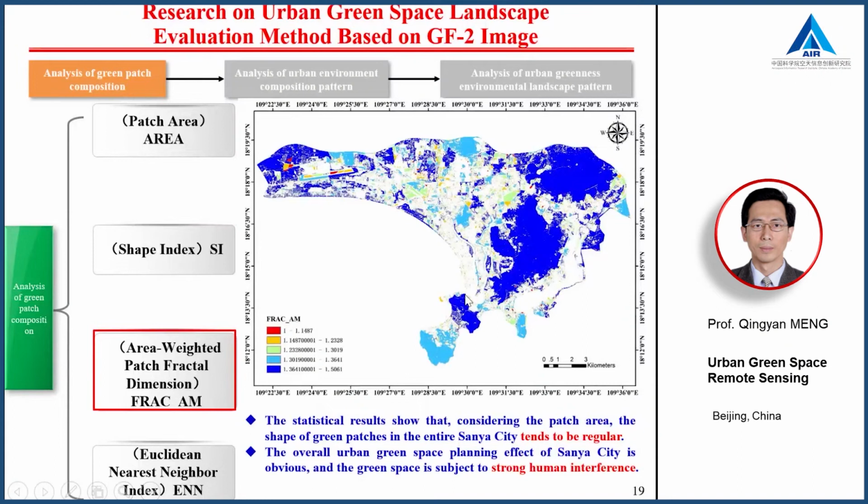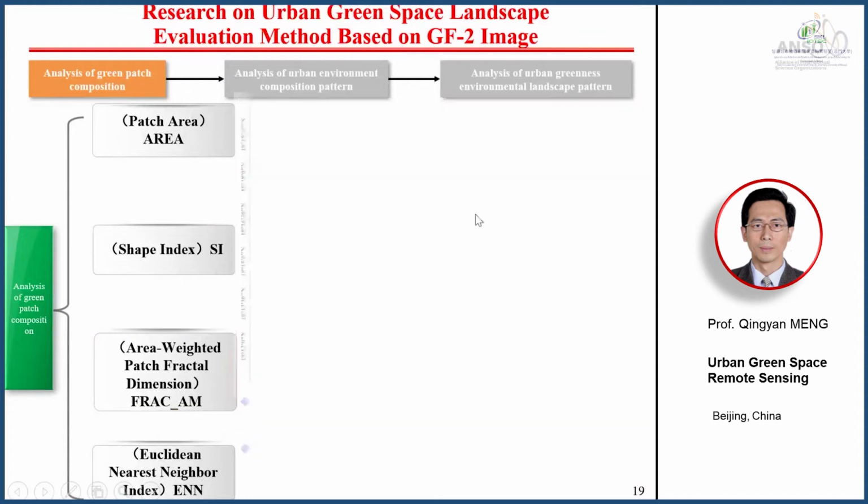The statistics results show that considering the patch area and the shape, the green patches in the entire Sanya city tend to be regular, and the overall urban green space planning effect of Sanya city is good, and the green space is subject to strong human interference.